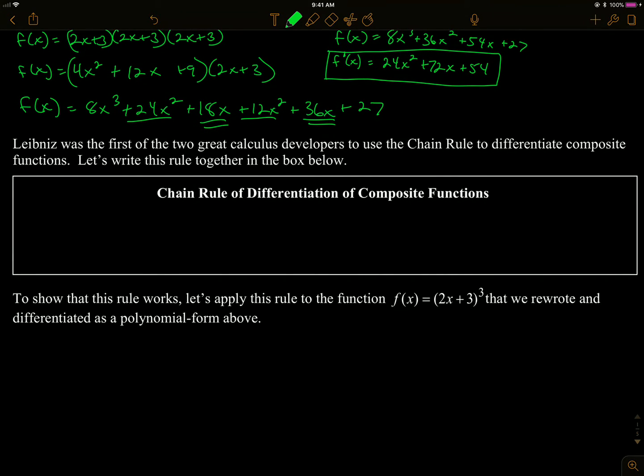So again, we have to know that a function, we'll call it h, is defined as one function inside of another function, f of g. Remember that I'm going to call g my inner function, and I'm going to call f my outer function.